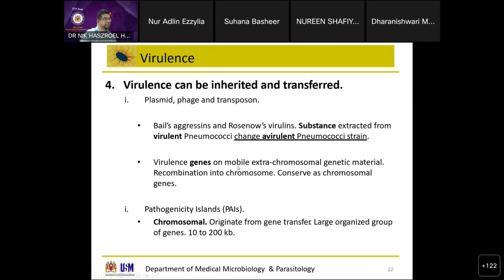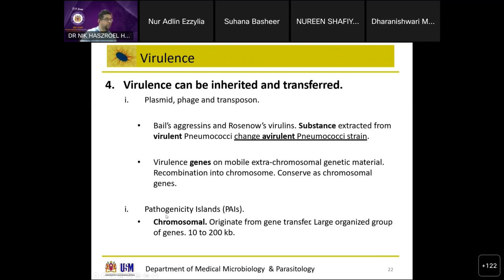So virulence genes on mobile extra-chromosomal genetic material recombine into a chromosome and are conserved as a chromosomal gene. So they can acquire virulence through this extra-chromosomal genetic material.